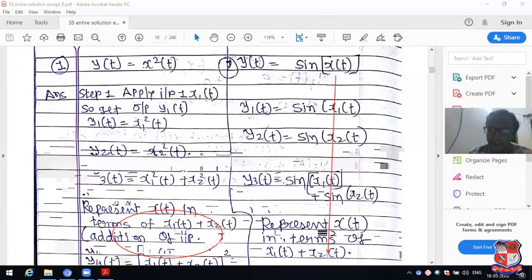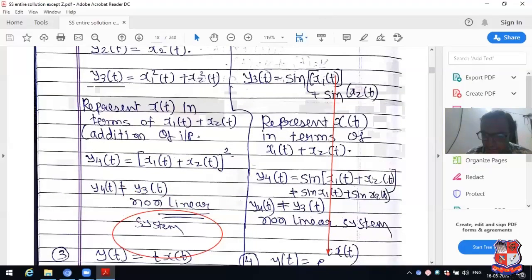This is considered step number 4. So sine of x1 of t plus x2 of t is not equal to sine x1 of t plus sine x2 of t. That's why it is known as a non-linear system.